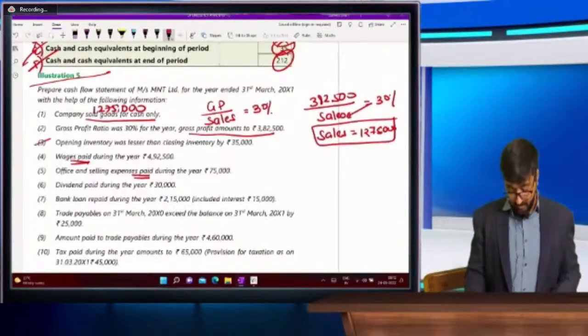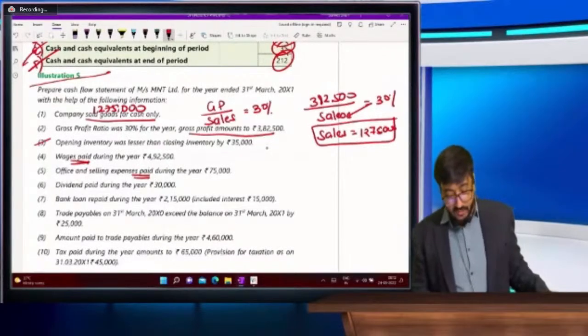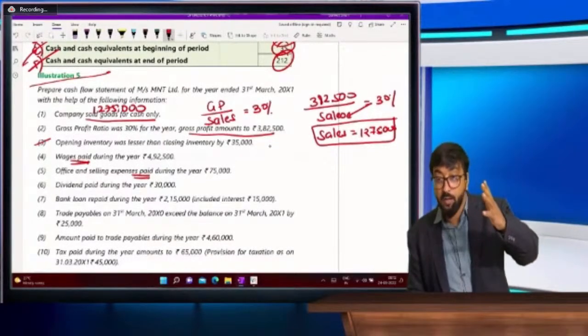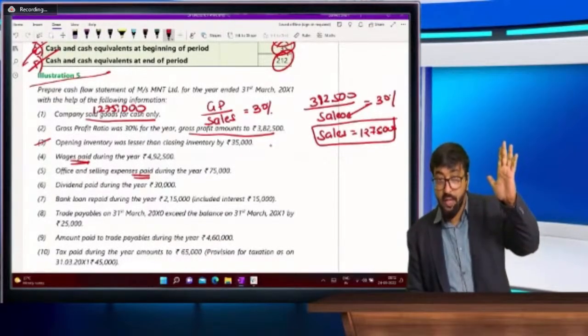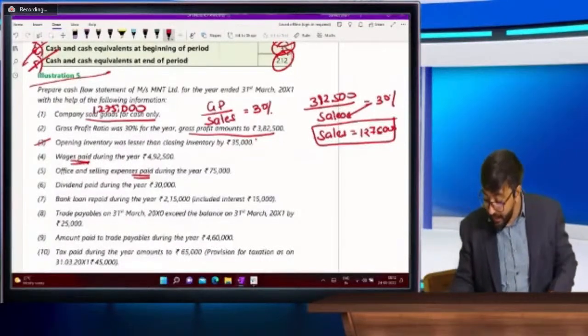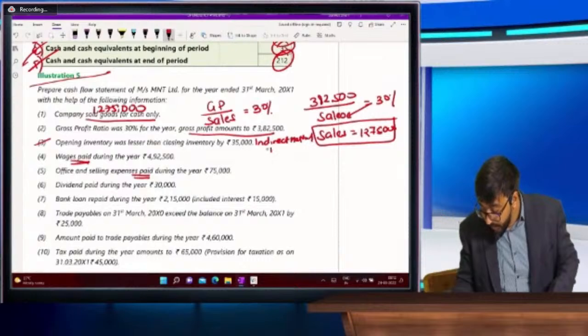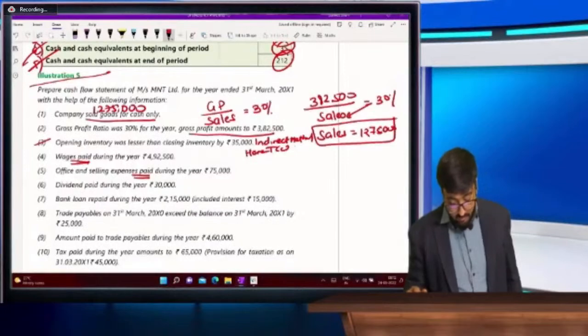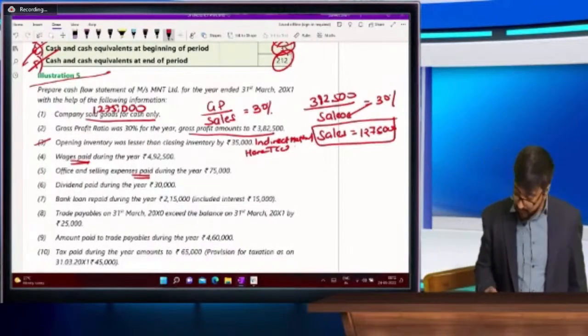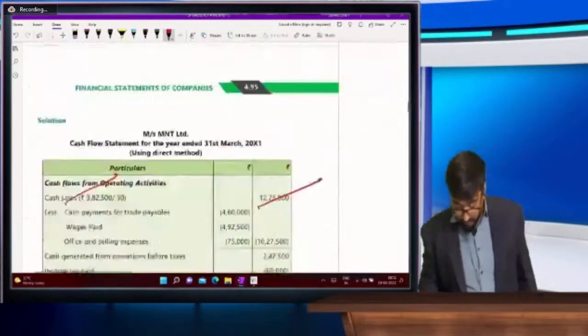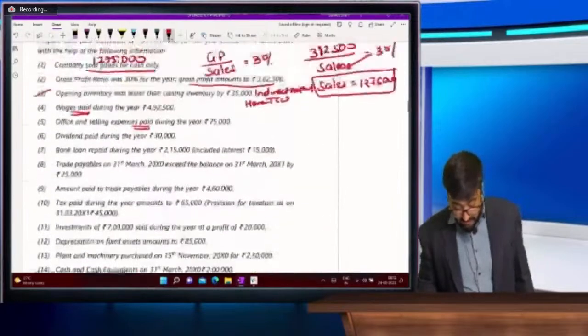Opening inventory is less than closing inventory. Sir, when is it important? If it is an indirect method. Okay, opening inventory, yes, indirect method important. Here to confuse us. 12,75,000 is a cash sales inflow, operating activity.